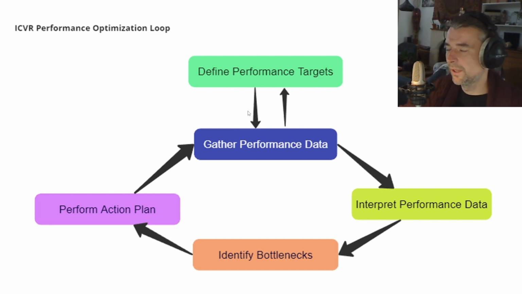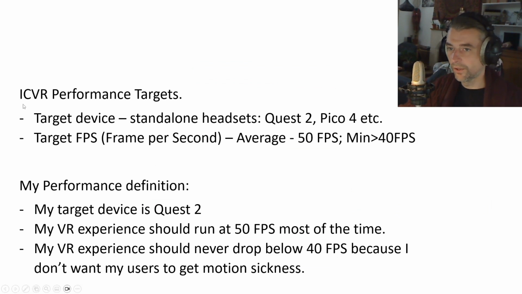So you might ask me how you can define the performance targets. I'll make it easy for you. I'll show you how I define mine. You can follow along. So here are my ICVR performance targets. My target devices are standalone headsets like Quest 2 or Pico 4.